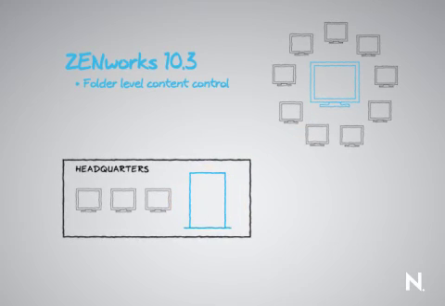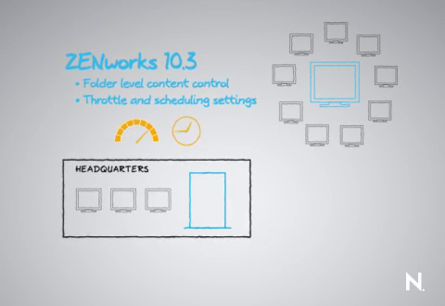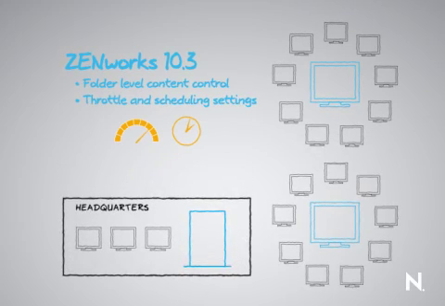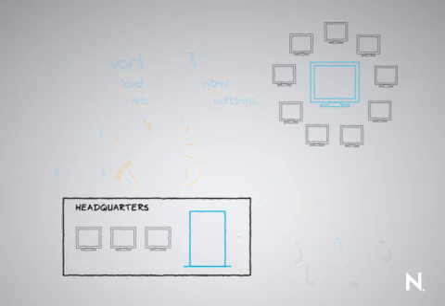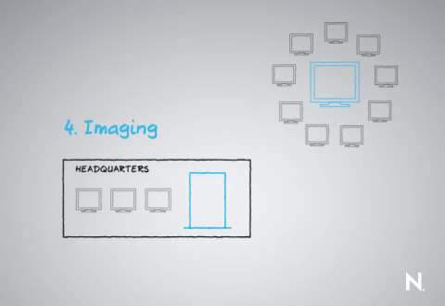Additionally, with 10.3, I have the capability to set individual satellite server-based throttling and scheduling options so that if I had a satellite server at multiple locations, it could synchronize the content from headquarters to satellite server 1 at one time with one throttle rate, and to satellite server 2 at a different site at a different time with a different throttle rate.